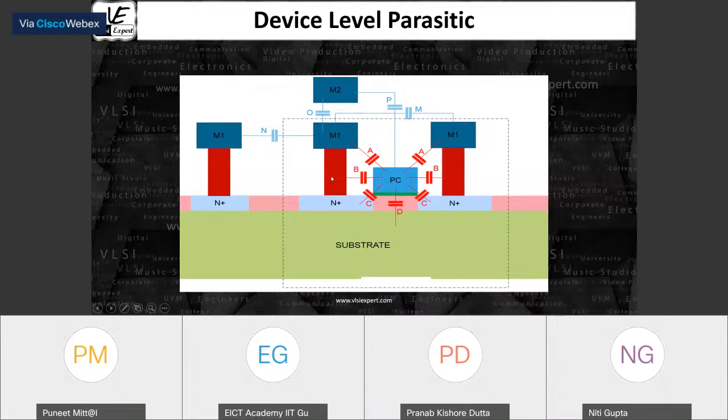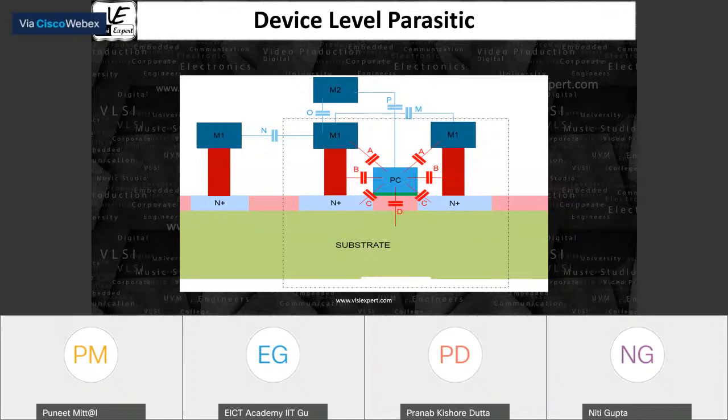Now those who are doing research, the research scholars, can do a lot of work here, and figure out how they can reduce these types of capacitance, because these capacitances play a very important role.